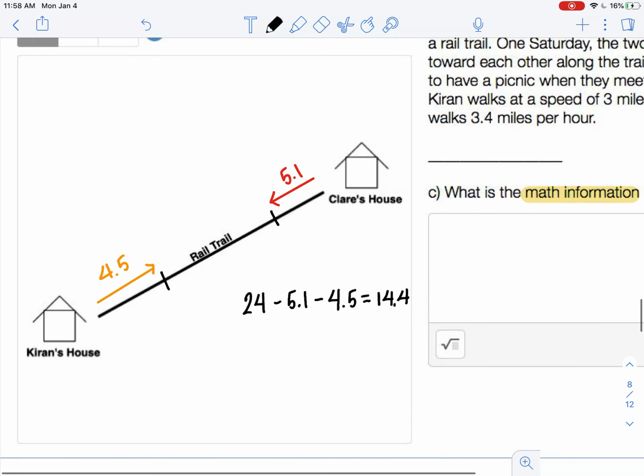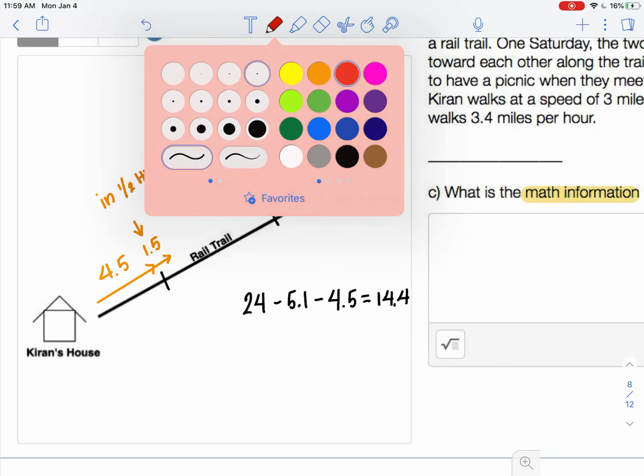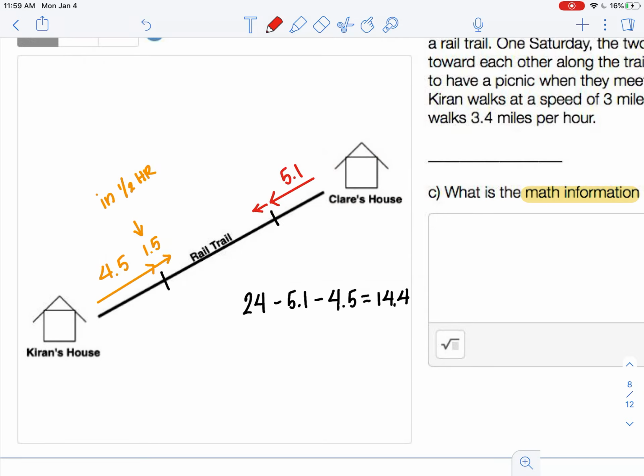So in the picture, it would look like this, right? Instead of 4.5, we're going another 1.5, and this is in a half hour. And it's the same thing over here for Claire. In a half an hour, she's going 1.7.